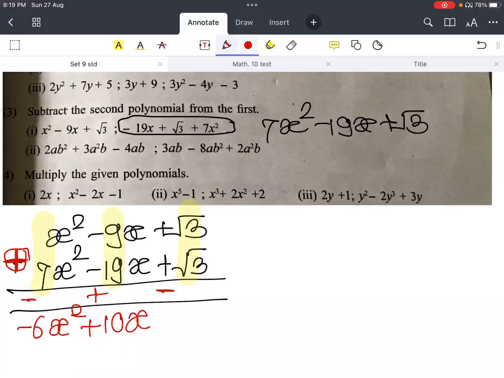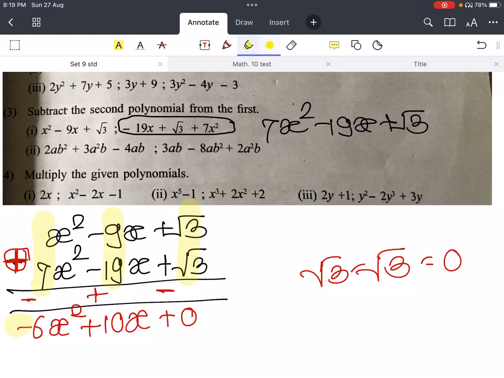Now root 3 minus root 3 is equal to 0. So write down here 0. So your answer is minus 6x square plus 10x plus 0. So for this question, this is your answer.